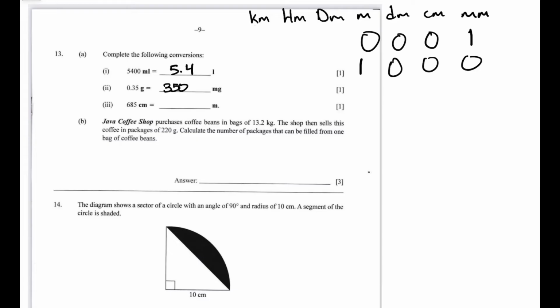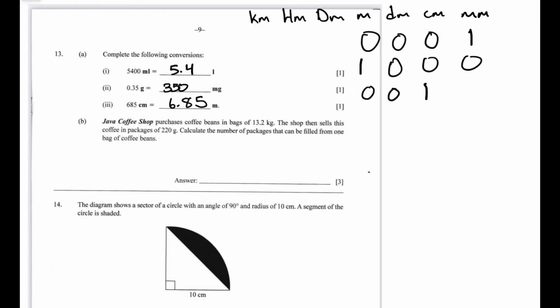So that's 350 milligrams. And now we're going to go from centimeters to meters. So centimeter to meter, and you're just dividing by 100. So this will be 685 divided by 100, and that's going to give us 6.85 meters.